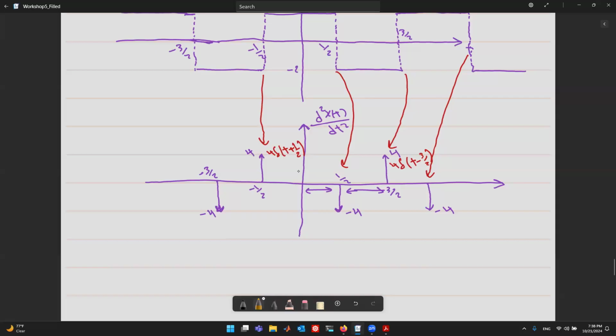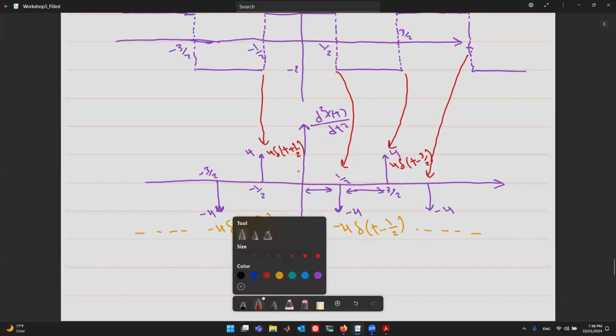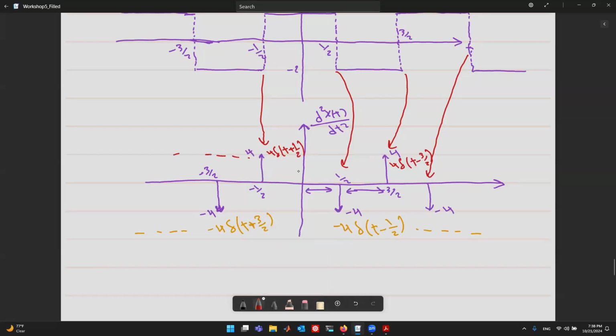The other impulse train is minus 4 delta(t + 3/2), shifted to the left by 3/2. This one is shifted to the right by 1/2 and scaled by minus 4, so t minus 1/2, and so on. Also, this impulse train will repeat similarly.